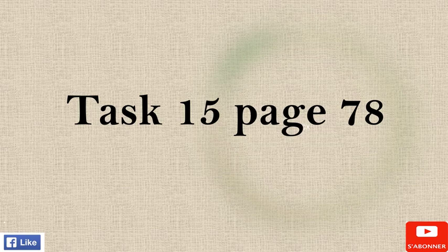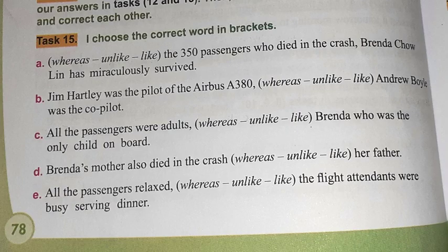Now we will tackle task 15 on page 78. So page 78. I choose the correct word in brackets. عندنا هنا جمل نحاول في كل جملة نختار الكلمة الصحيحة whereas and like or unlike.